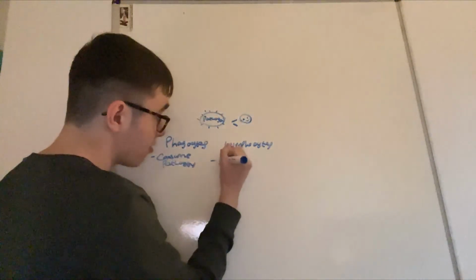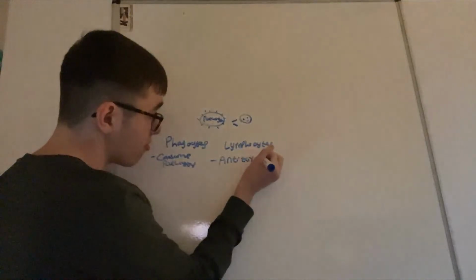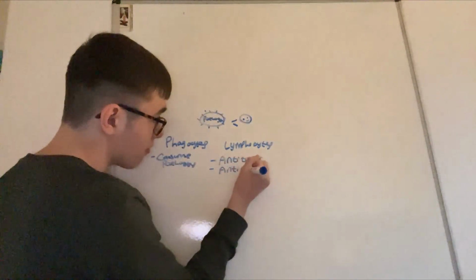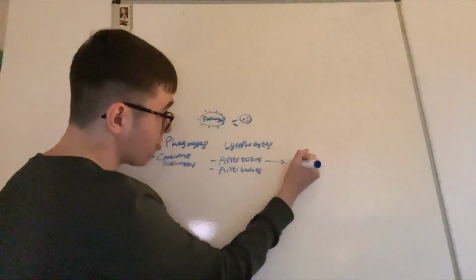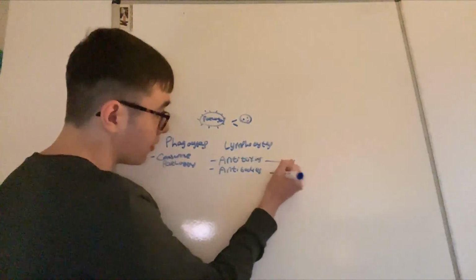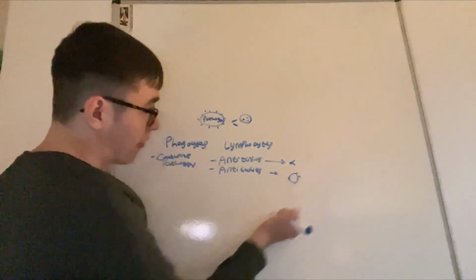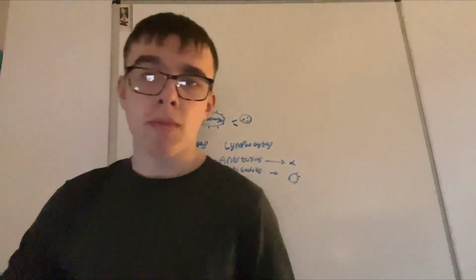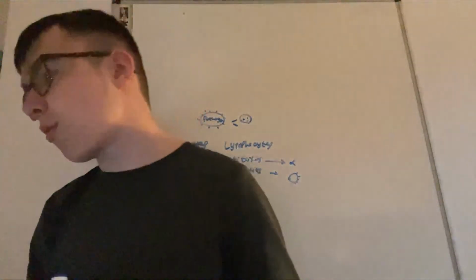Lymphocytes release antitoxins and antibodies. So the antitoxins inhibit the toxins, and the antibodies attach directly to the virus of a pathogen. So now that we've laid out our basics, let's take another look at this question.